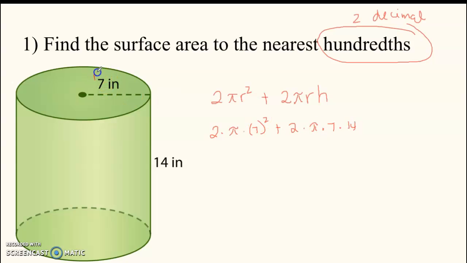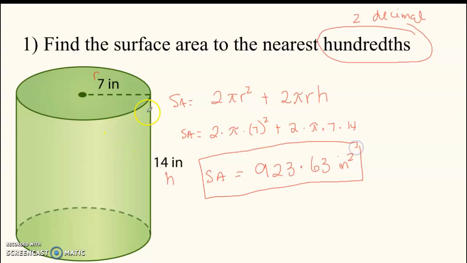This is the radius, this is the height. Plug everything into your calculator, and you should get surface area is equal to 923.63 inches squared.